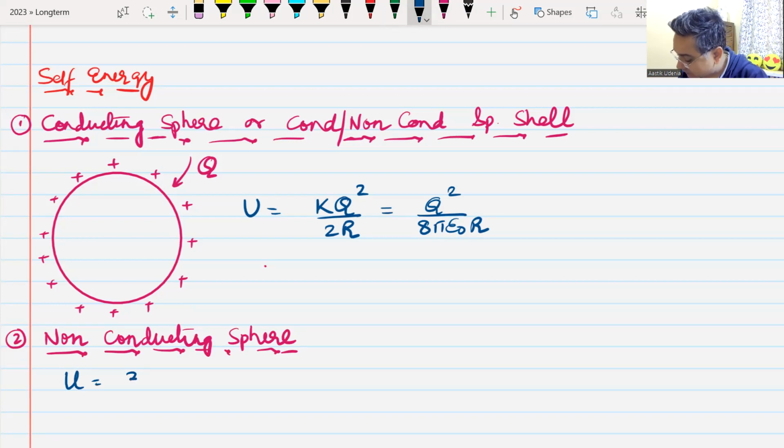Energy for this one is 3 by 5 K Q square by R. This 3 by 5 times of K Q square by R. So you can write it in this way, 3 Q square by 20 pi epsilon naught R.